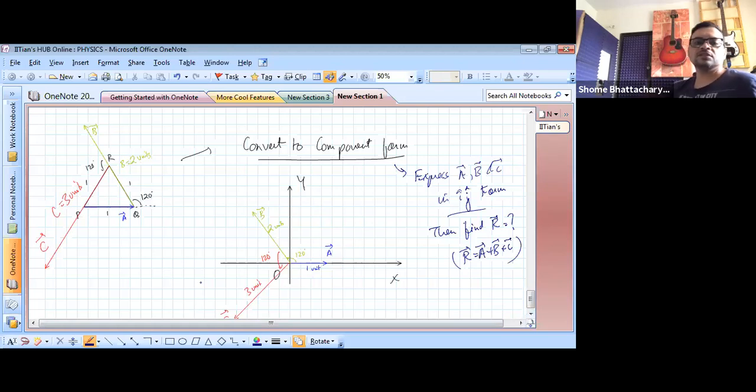Have any of you used some other method while doing this question? Pratyush or Sarvesh or Dhruv, you've tried by some other method? Or Samarth?